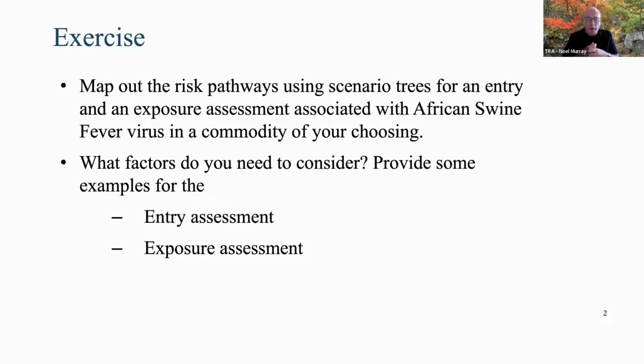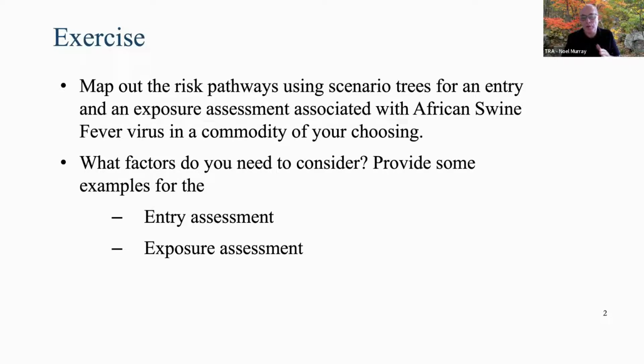So as we've seen from Tim's presentation, the use of scenario trees can be really quite useful to help in thinking through the various risk pathways relevant for entry and exposure assessment. So I'd like you to have a go at mapping out the risk pathways associated with African swine fever in a commodity of your choosing.